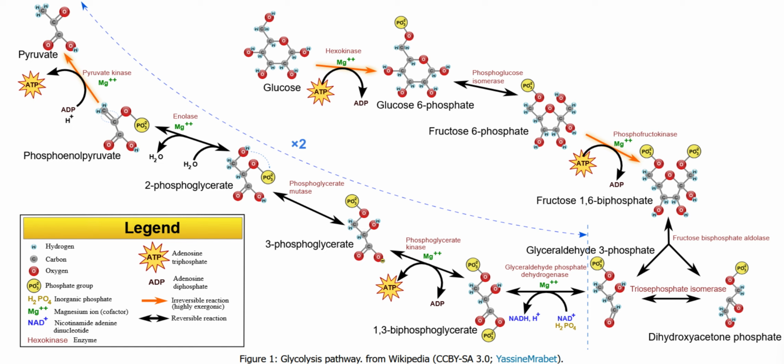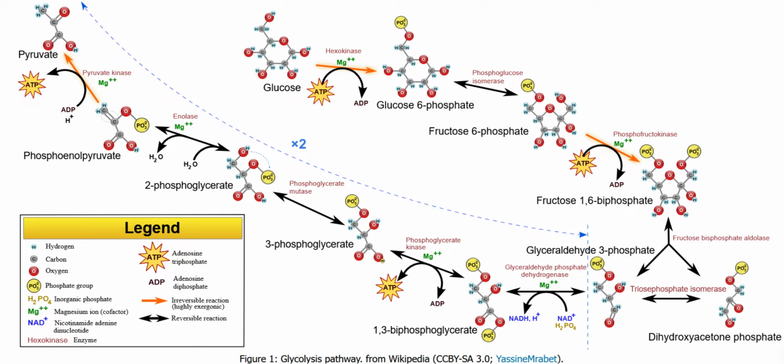Step 3, which involves second phosphorylation. Here, fructose 6-phosphate is phosphorylated by ATP to form fructose 1,6-bisphosphate, and the enzyme that catalyzes this reaction is called phosphofructokinase.